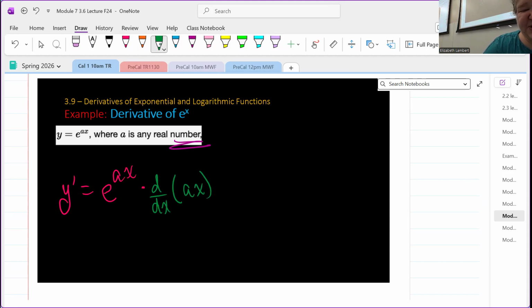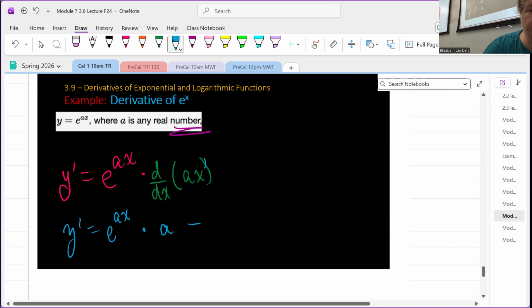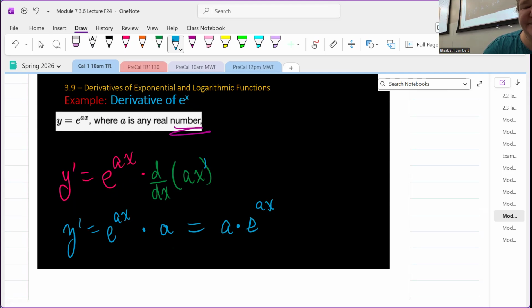So a is just a constant. A constant times x to the first power gives 1x to the 0, so this is just a. So we'll sometimes just rewrite this as a times e to the ax.